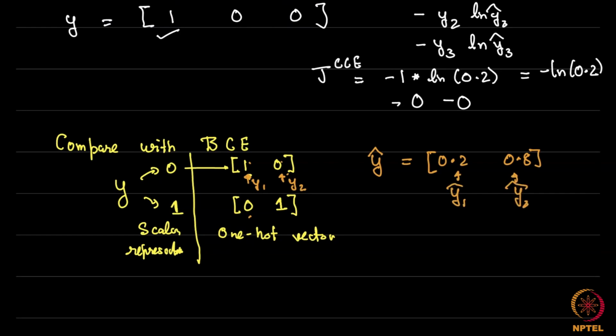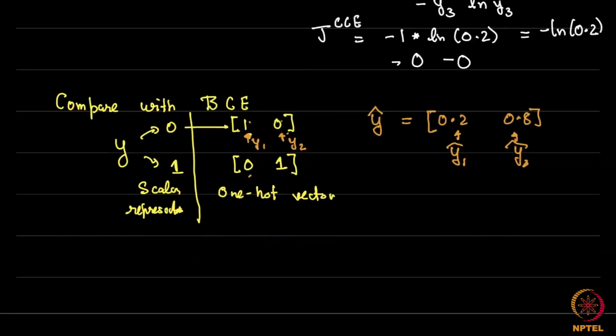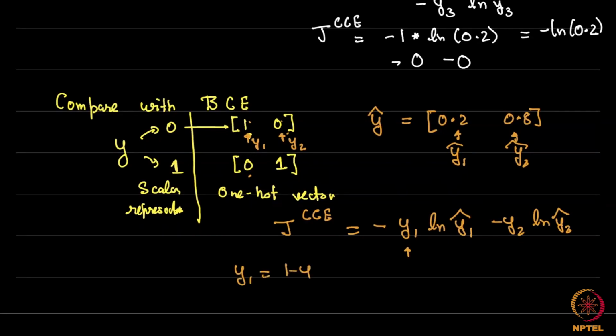Putting this together, if I actually calculate the cross entropy loss function here, that should be minus y1 times ln y1 hat minus y2 times ln y2 hat. Now we know that y1 is always 1 minus y2 because there are only two classes. If y1 is 1, then y2 has to be 0.